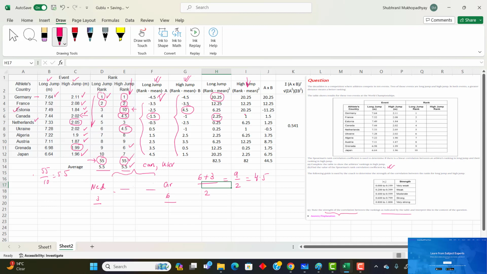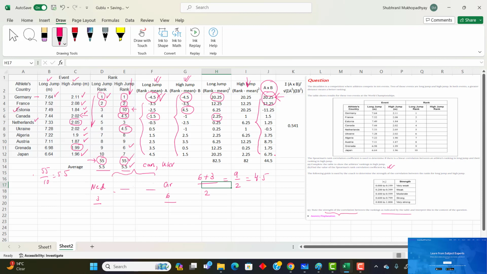Once we are done with finding the square of the deviation, the last thing that we will need to do is find the product of the deviations of the long jump ranks and the high jump ranks, which is done in this cell. So if we take an example, for Germany, the deviations were minus 4.5 and minus 4.5. So if you take out the product, minus 4.5 times minus 4.5 will give you 20.25. We have also found the product of deviations for all the countries over here.